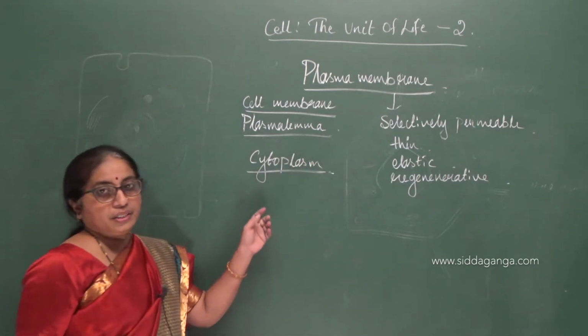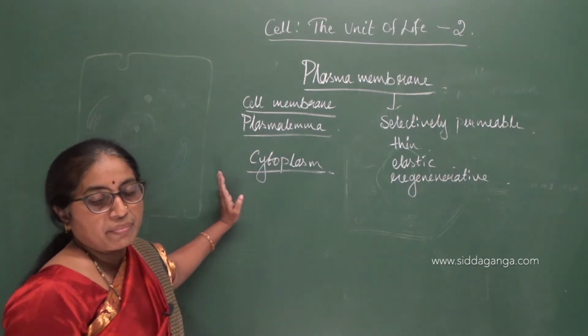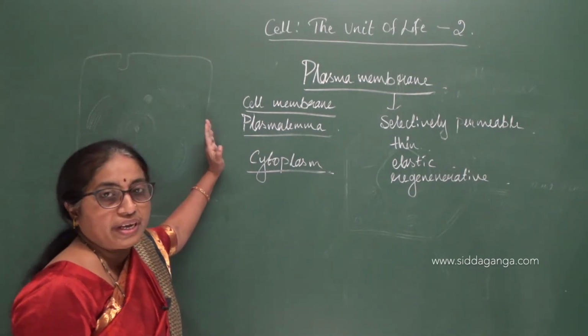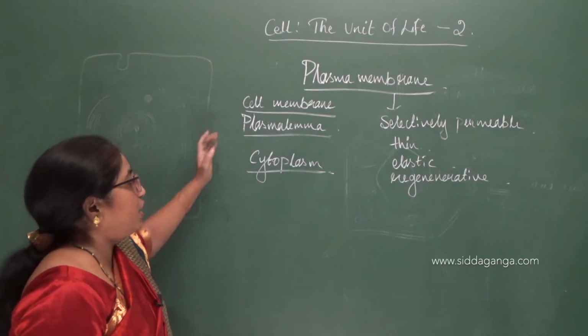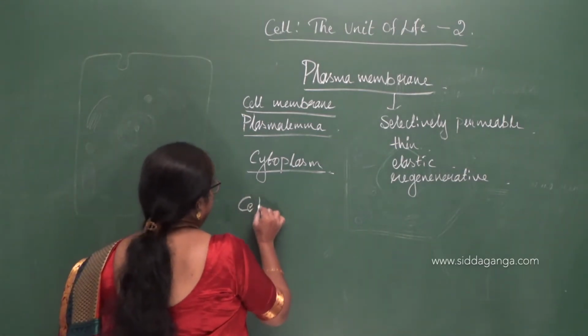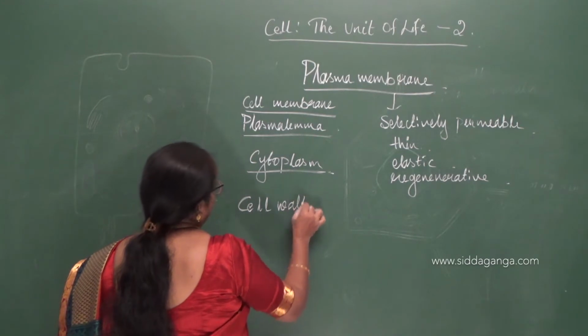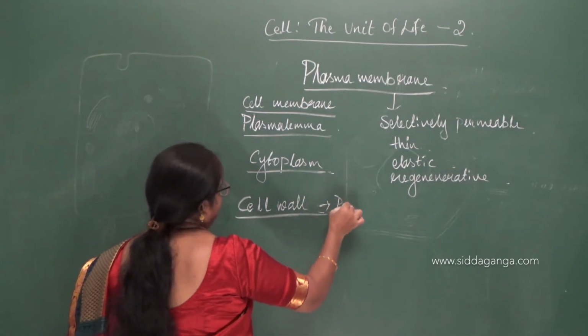And it is the outermost membrane, it forms the boundary of the animal cell, and it is enclosed by the cell wall in case of plant cells.